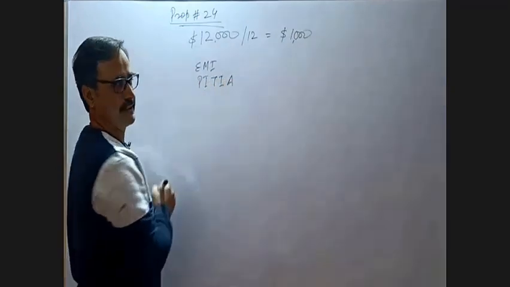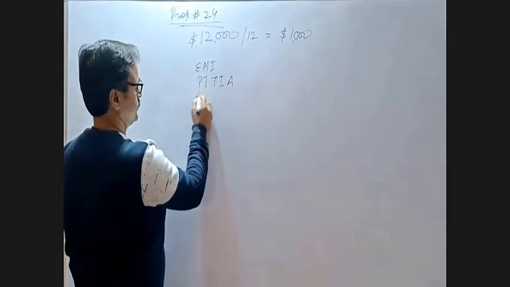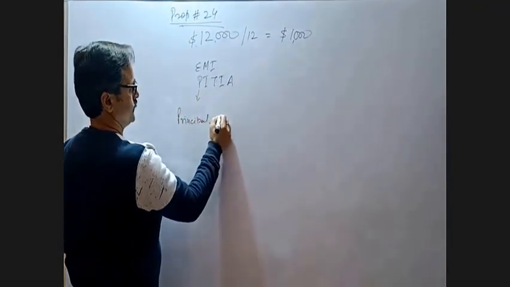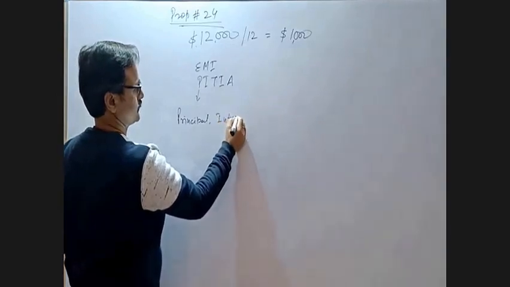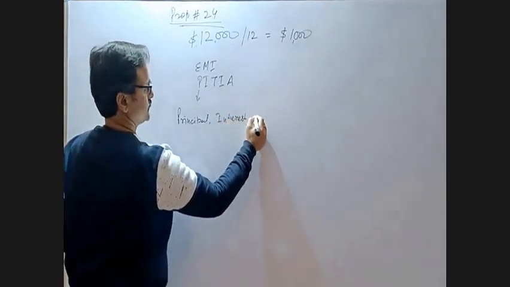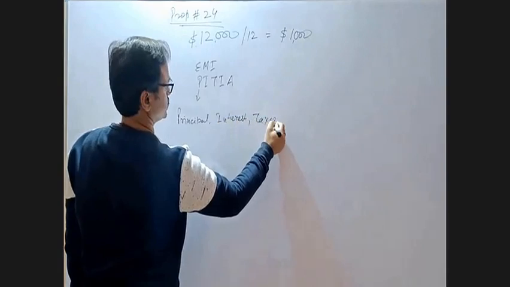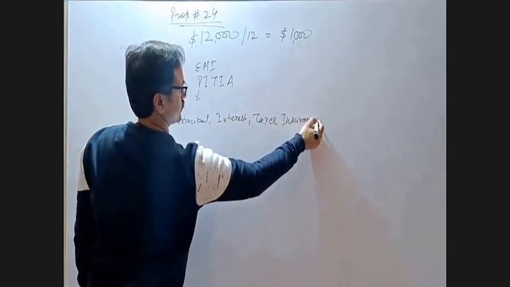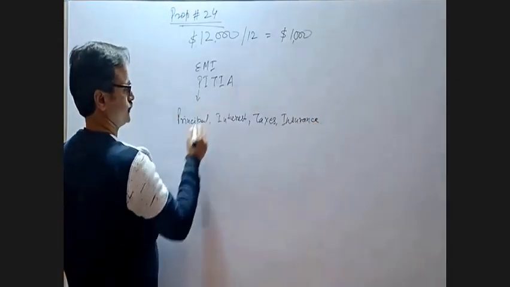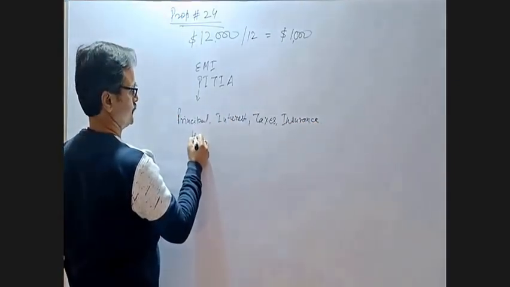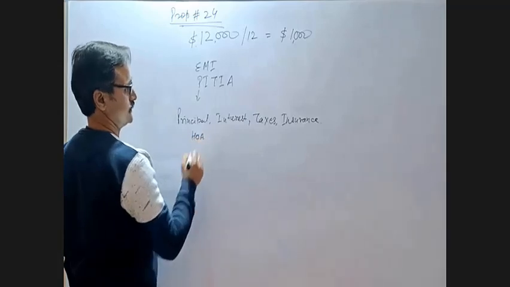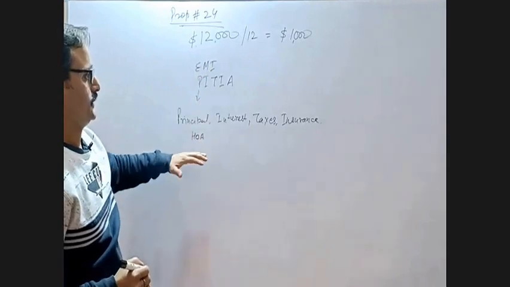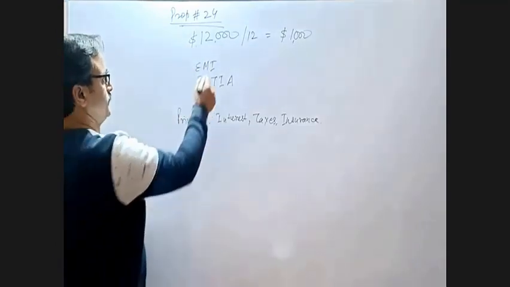PITIA, or PITI, means principal, interest, taxes (property taxes), insurance, and association dues, so HOA, the homeowner association. This is what PITIA or PITI becomes.